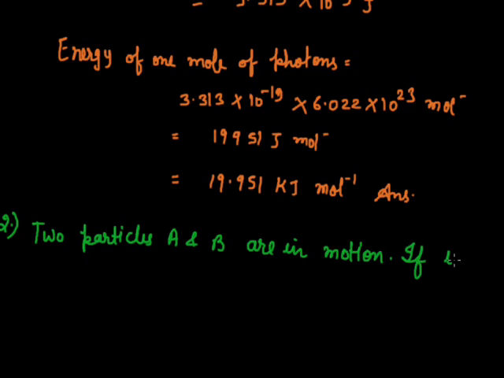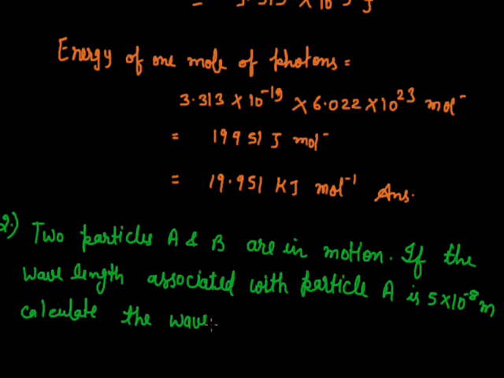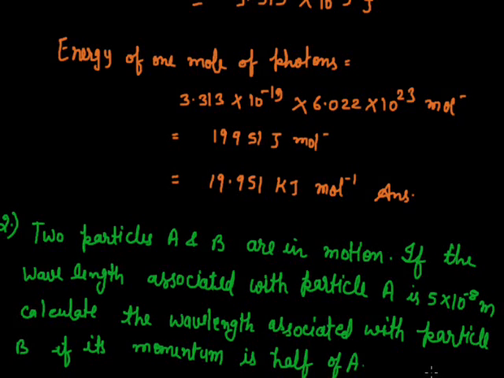If the wavelength associated with particle A is 5 into 10 to the power minus 8 meter, then calculate the wavelength associated with particle B if its momentum is half of A. Our question is: two particles A and B are in motion, if the wavelength associated with particle A is 5 into 10 to the power minus 8 meter, calculate the wavelength associated with particle B if its momentum is half of A.